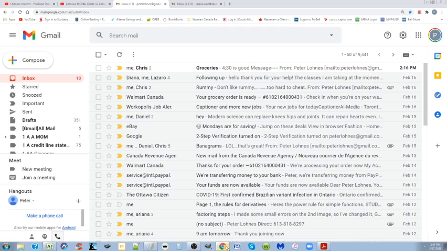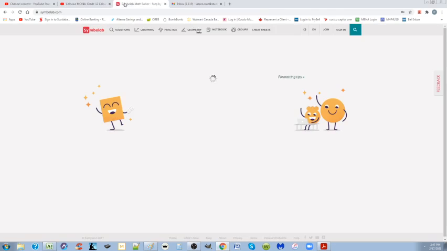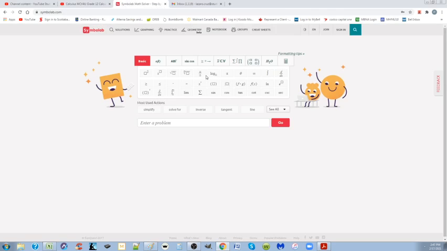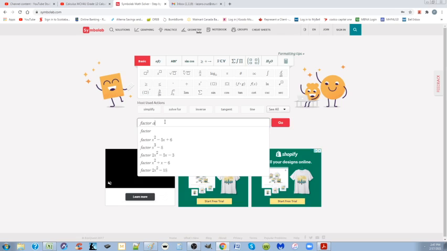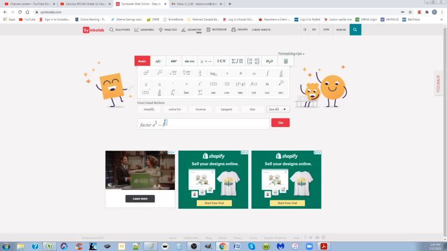Just to make sure, I'm going to go to Symbolab, just because my factor theorem is not that good. And I'm going to factor. Beautiful thing here. You can just say factor a to the power of 5 minus b to the power of 5.